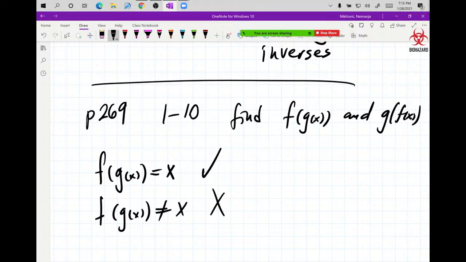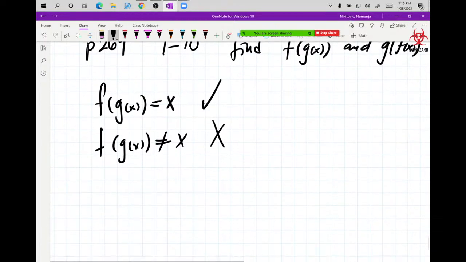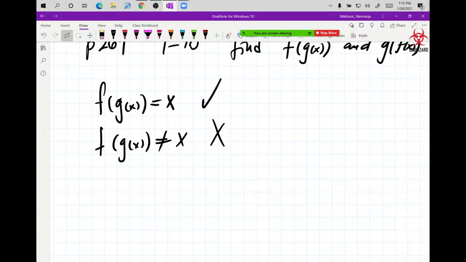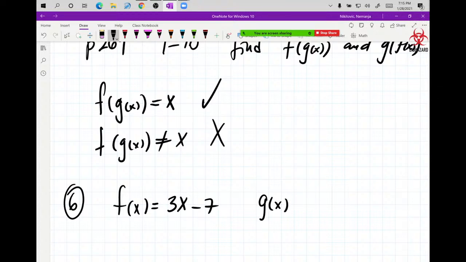So let's take a look at problem number, I don't know, 6. I don't care. Pick any. So f of x equals 3x minus 7 and g of x equals x plus 3 divided by 7.